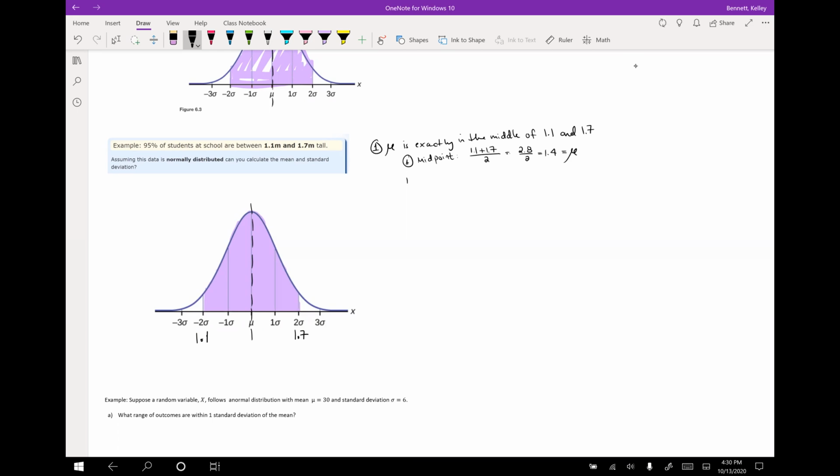The other thing I can do is use the idea of distance. I can look at the distance between 1.1 and 1.7. If I want to go from 1.1 to 1.7, I have to add 0.6. And then to get to the midpoint, I just want to go half the distance.